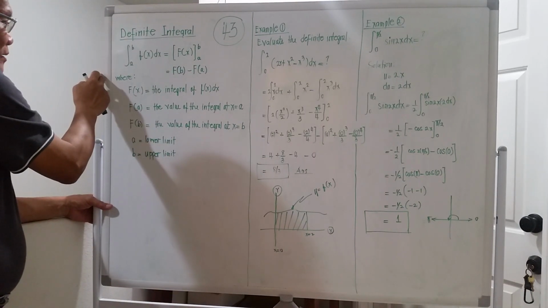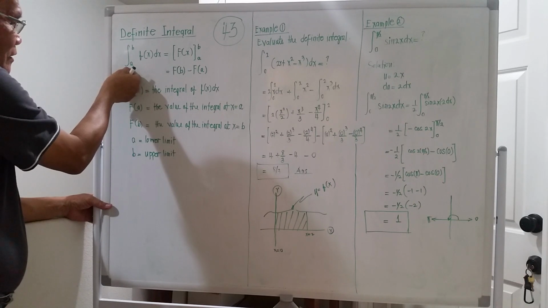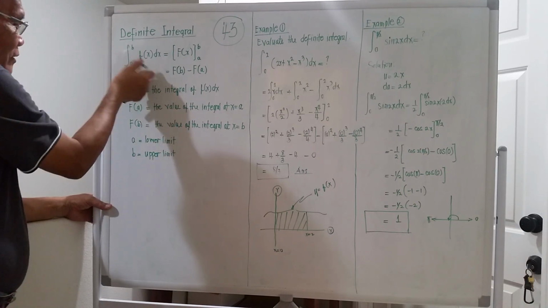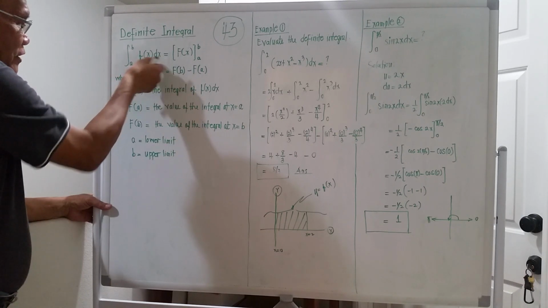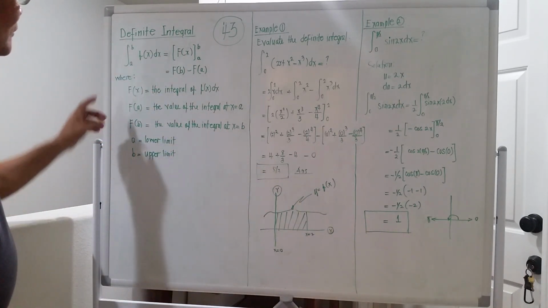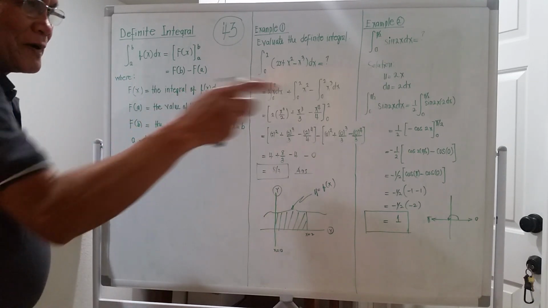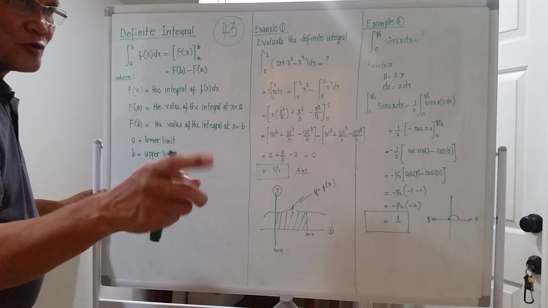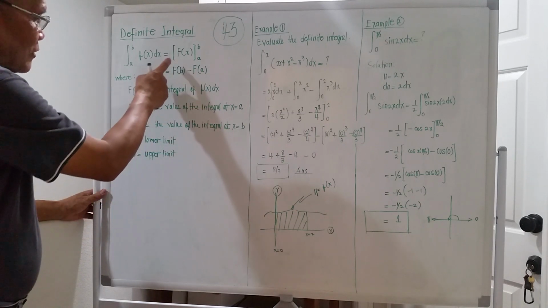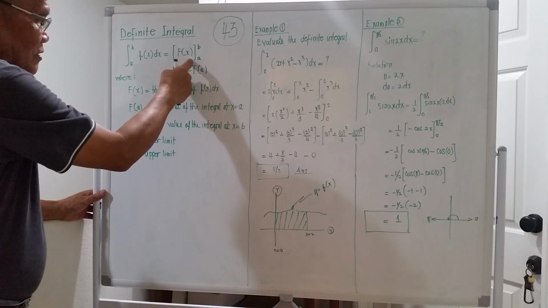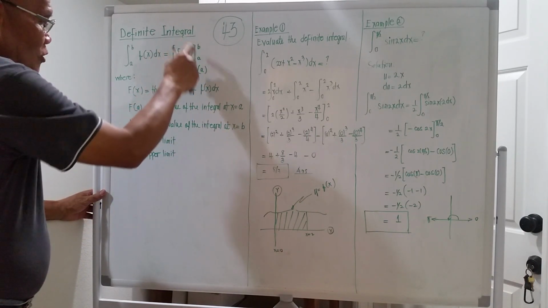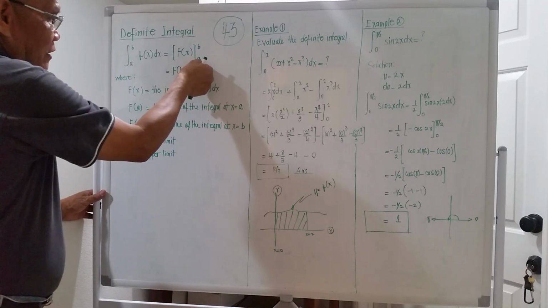Okay, I will read this. The integral with the limit from lower limit a, upper limit b, of f of x dx equal to, if we try to integrate this, there will be a function, right? So the function will be designated capital letter F as a function of x, open bracket, close bracket, with the limit a and b.